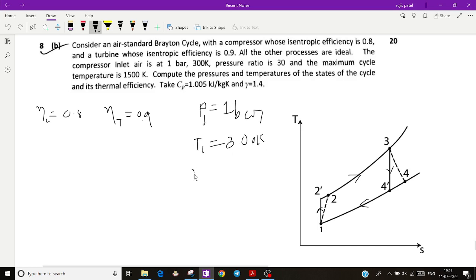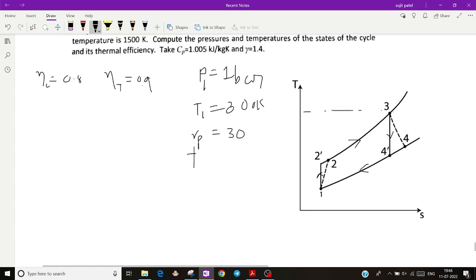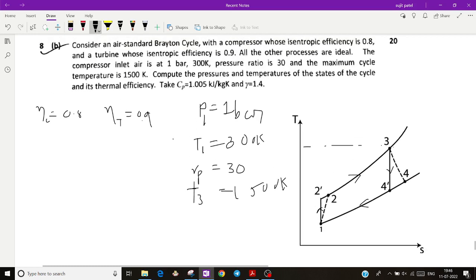The pressure ratio, Rp, is 30, and the maximum cycle temperature, from this TS diagram, is at point 3, so T3 is 1500 Kelvin. CP is 1.005 kilojoule per kg Kelvin, and gamma is 1.4.